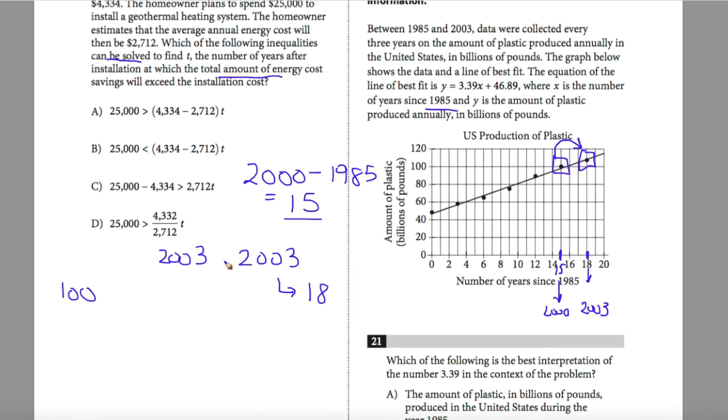In 2003, it's probably approximately 110. Here I have 100, here I have 120. It's somewhere in the middle, kind of estimating. So how do we end up going from 2000, where we have 100 billions of pounds of plastic, to year 2003, where we have 110 billion?